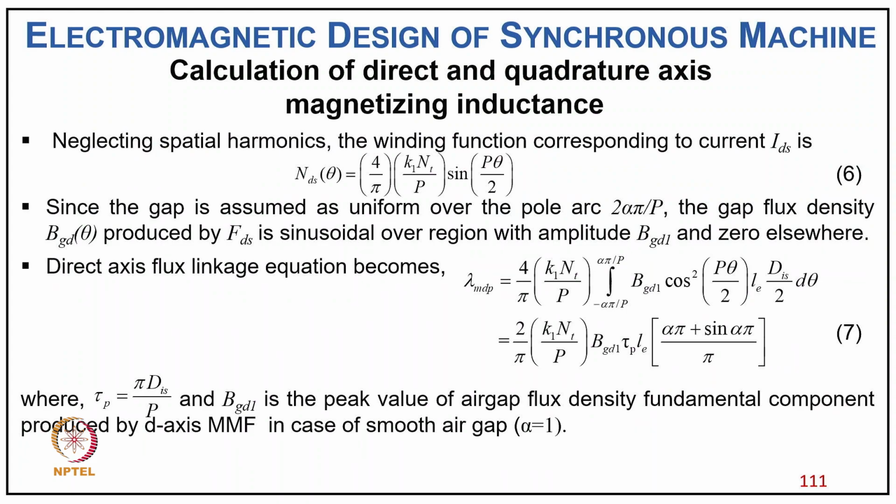So neglecting the space harmonics, the winding function corresponding to Ids is Nds equal to 4/π × K1 Nt/P × sin(Pθ/2), and since the gap is assumed uniform over the pole arc of απ/P, the gap flux density Bgd produced by Fds is sinusoidal over the region with amplitude Bgd and 0 elsewhere.